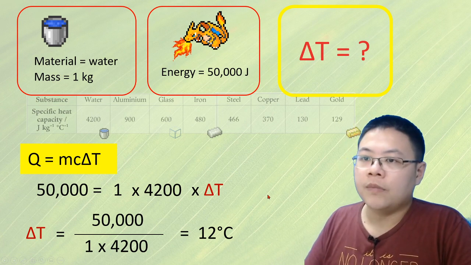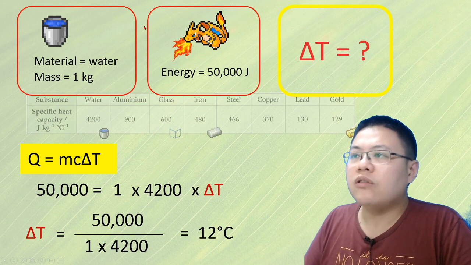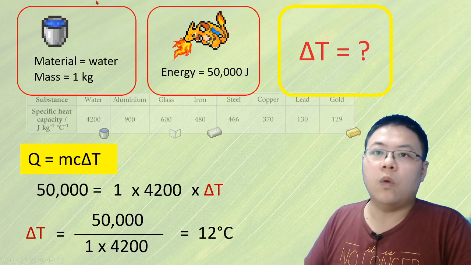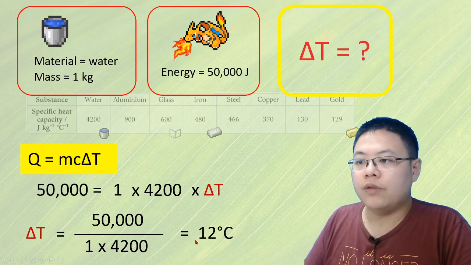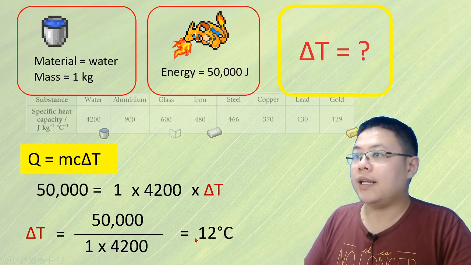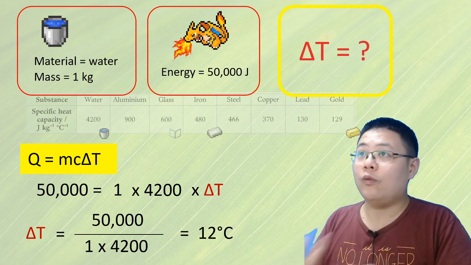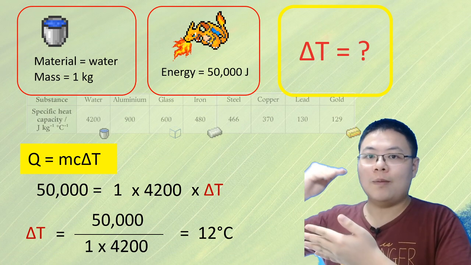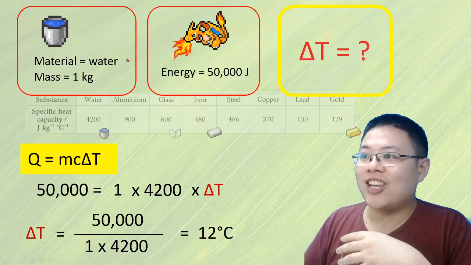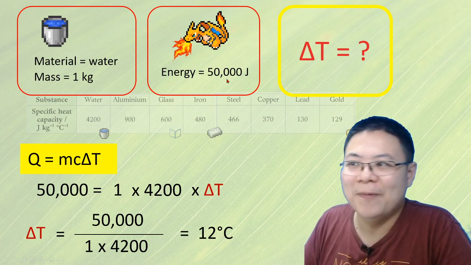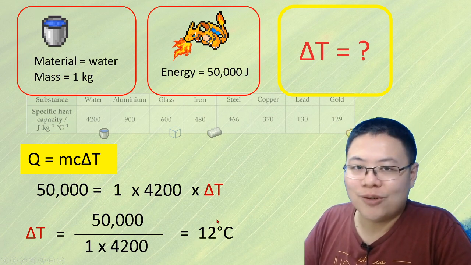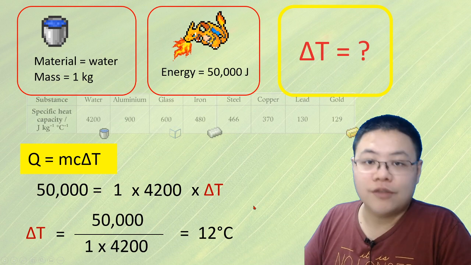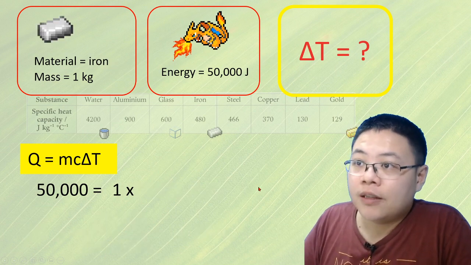That is the answer. So if 50,000 joule of energy is provided to water, it will increase by 12 degrees Celsius. So if you have room temperature, let's say 20, it will rise up and become 32. That is a huge amount of energy, but it just gives rise to 12 degrees Celsius of change actually.